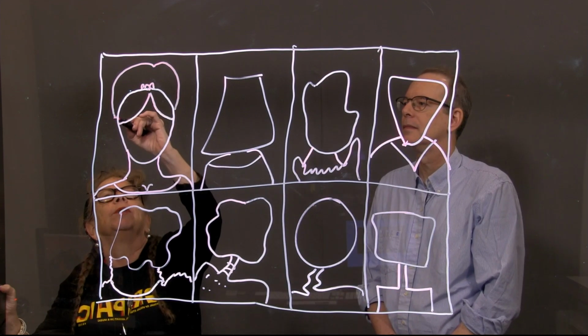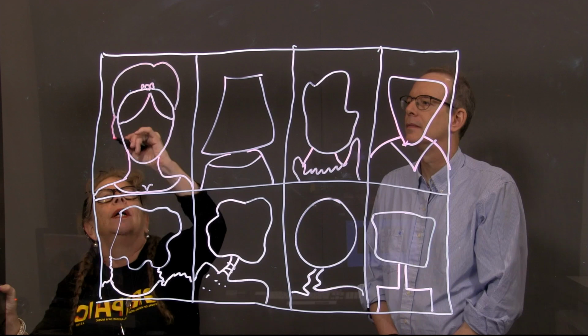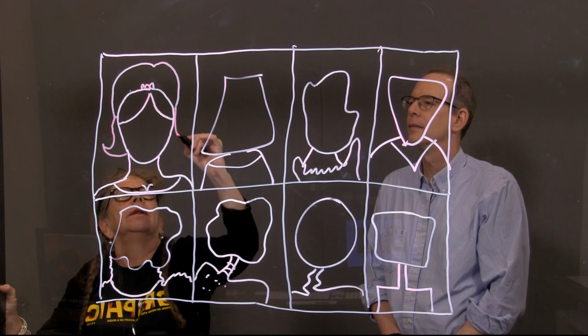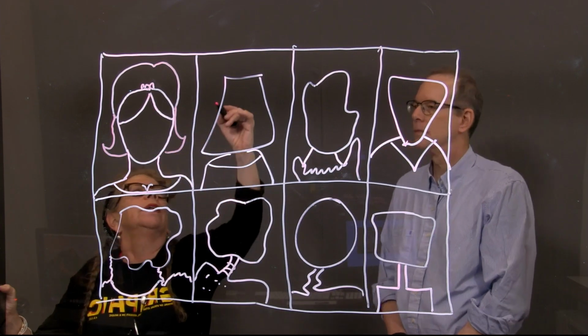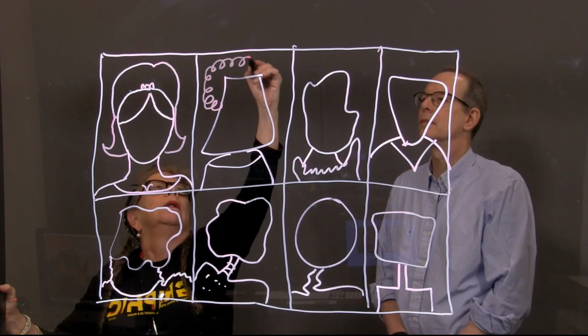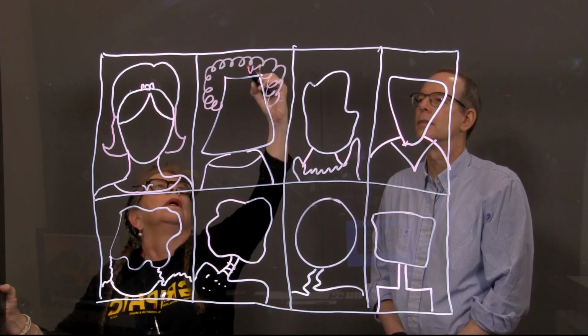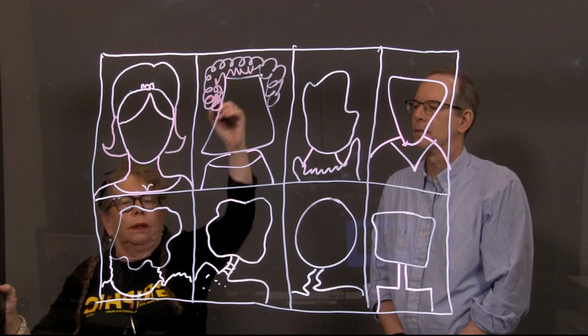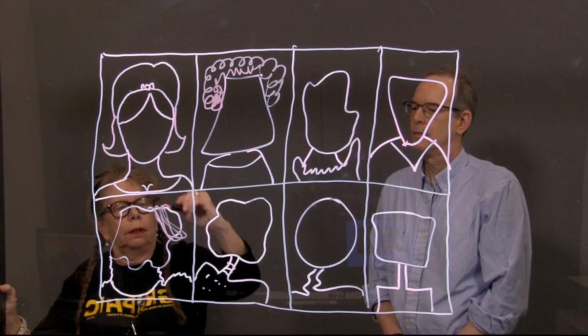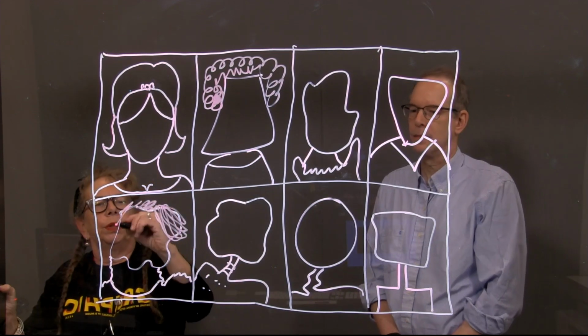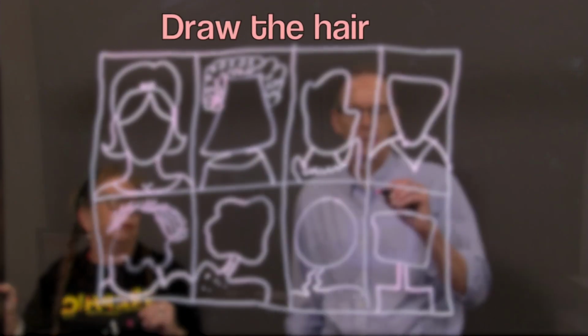Actually, it's ears that come next. Nope, it's hair. So there's hair. But hair can also be this. Or it can be this. So why don't you go ahead and just put some hair on these people.